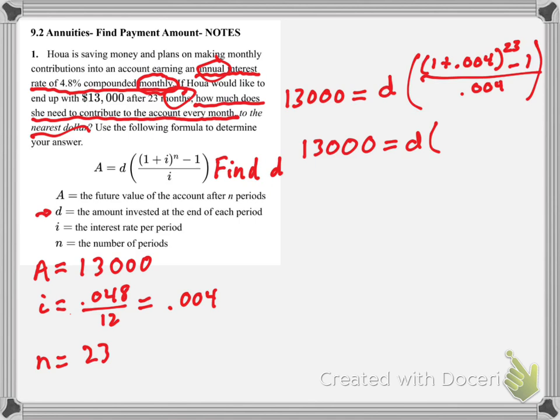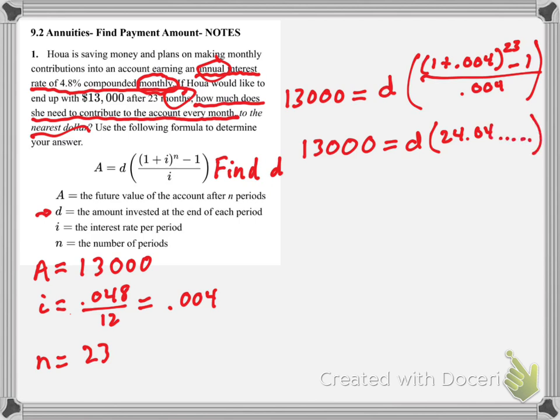And then on the bottom, 0.004. Enter. Now, you're going to get a super long decimal. So it's going to be 24.04, blah, blah, blah, and it's going to be long.